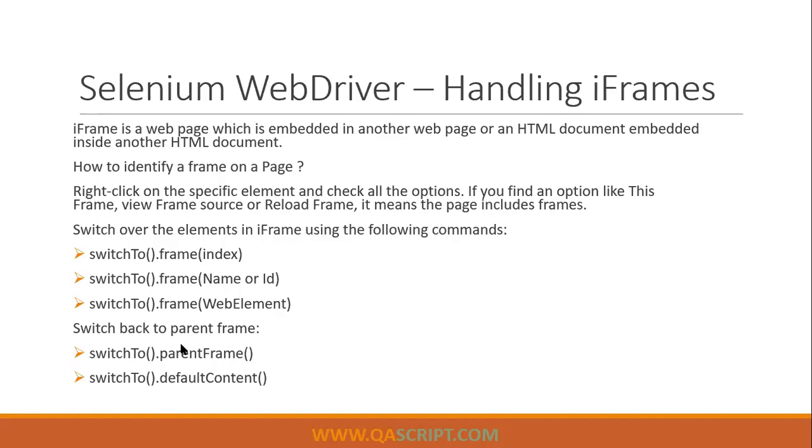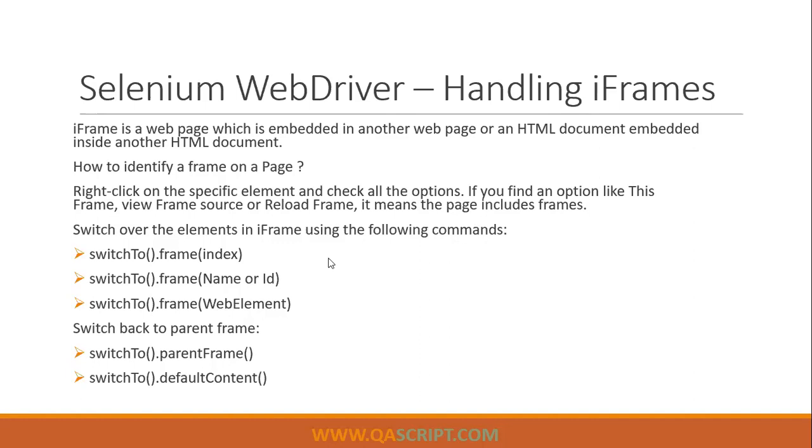After you perform all the operations, you want to move back to your parent frame, which you can do using switchTo parentFrame. And if you want to move to your main page, you can use switchTo defaultContent. So these are the 5 basic commands which you can use to work with iframes.